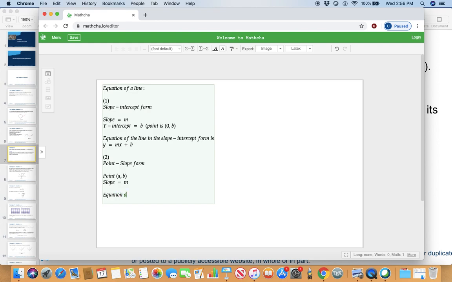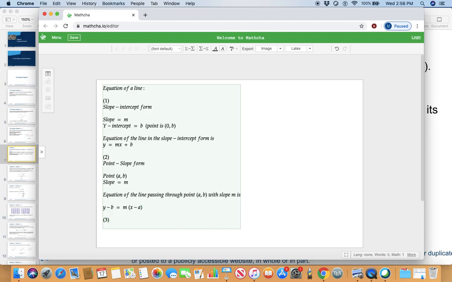Then the equation of the line passing through the point (a, b) with slope m is y minus the y coordinate equals slope times x minus the x coordinate, that is, y minus b equals m times x minus a. This is called point slope, because you need to know the point and you need to know the slope.